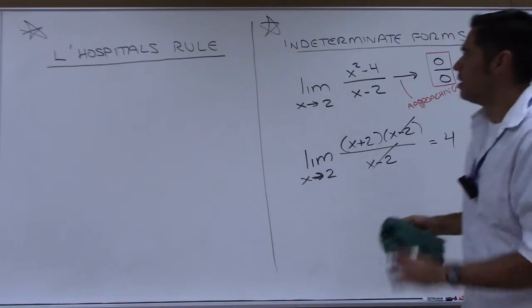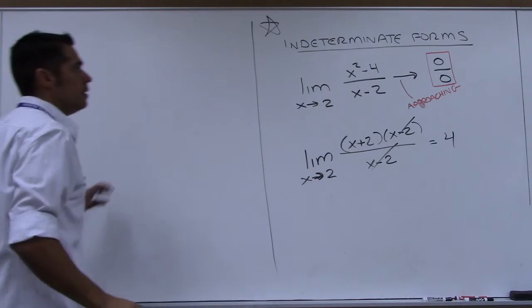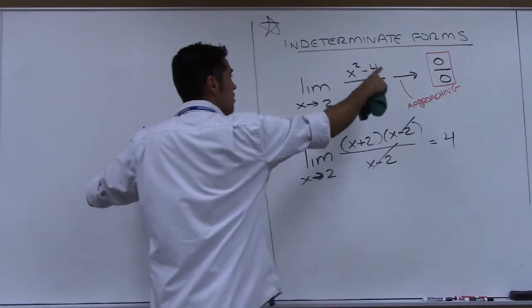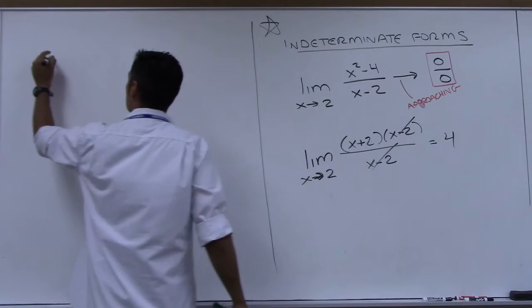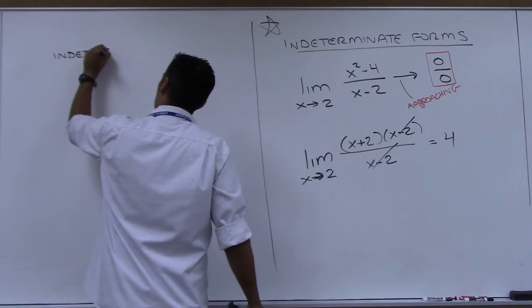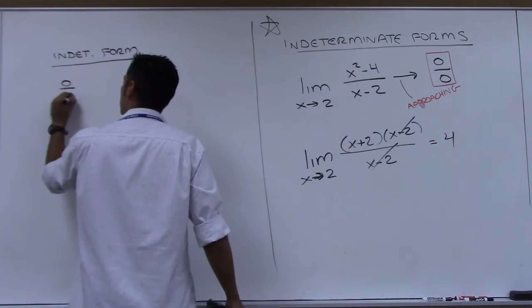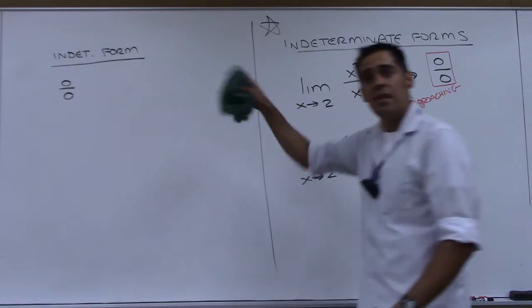So when it comes to indeterminate forms, all right, we'll get to L'Hopital in a second. When it comes to indeterminate forms, the first type of indeterminate form that we have is 0 over 0. That is an indeterminate form.